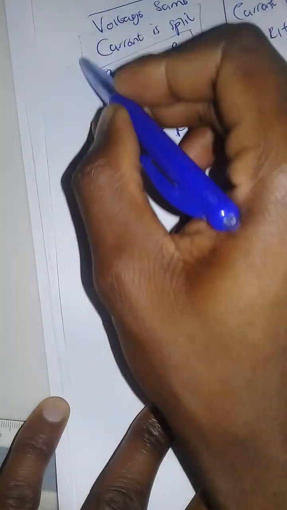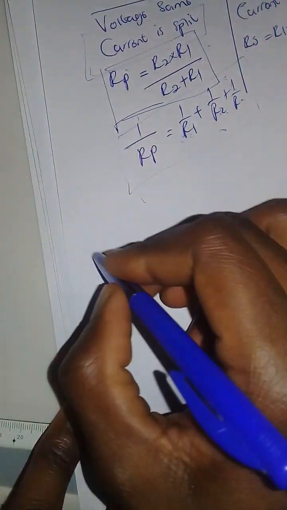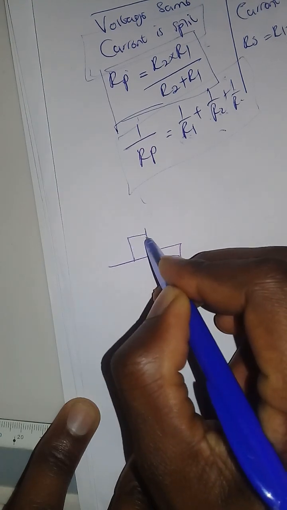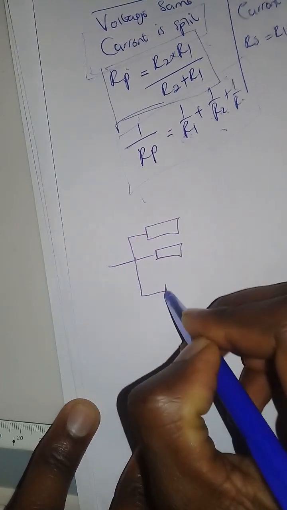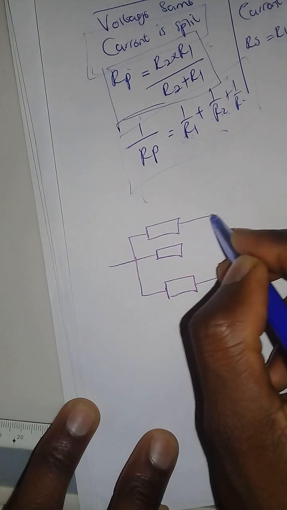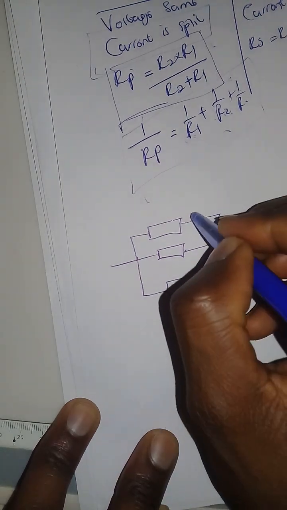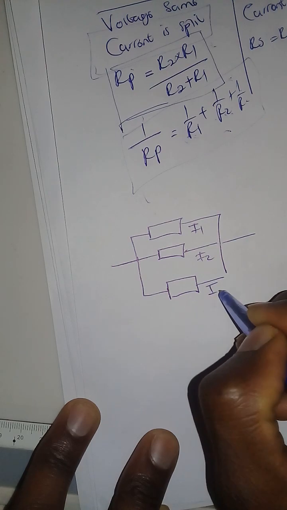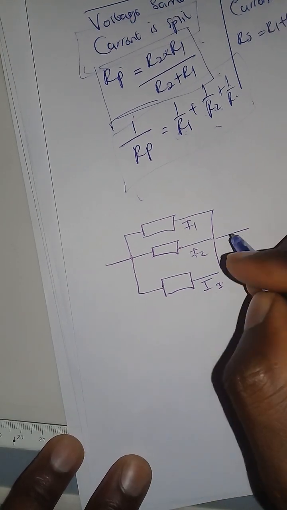So now let's first look at the current is split part, right? Just to explain that basic. So now let's say that we have a connection in parallel like this. Now I1, I2 and I3, right?